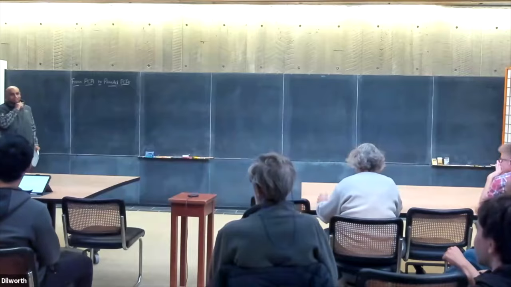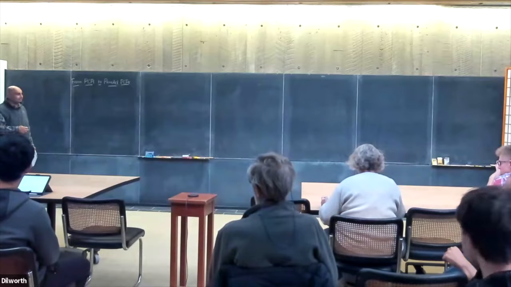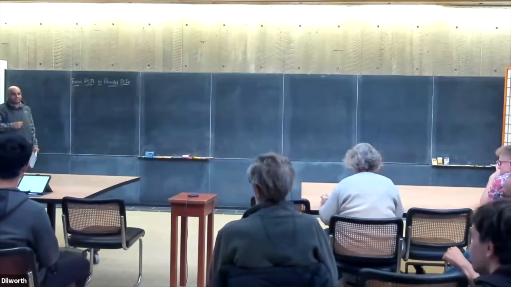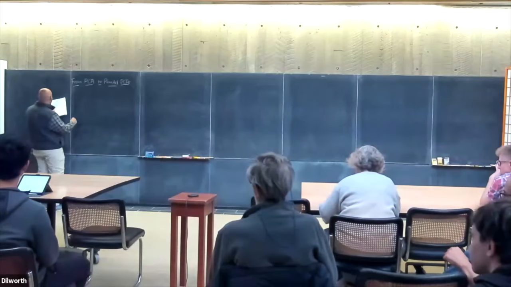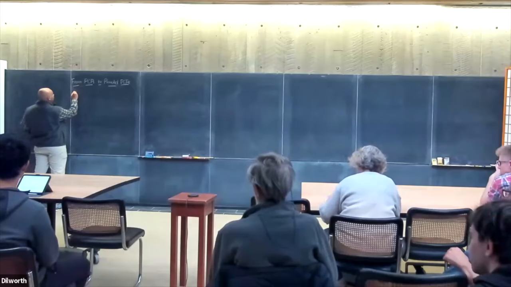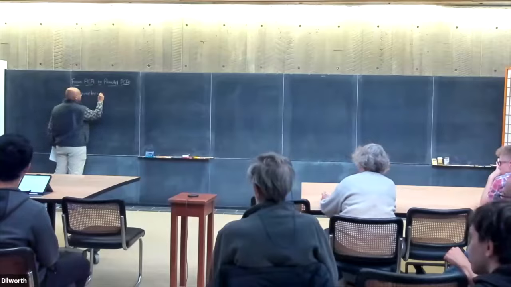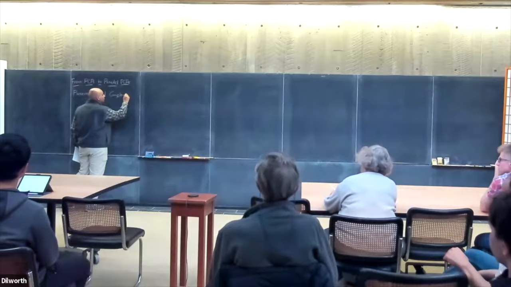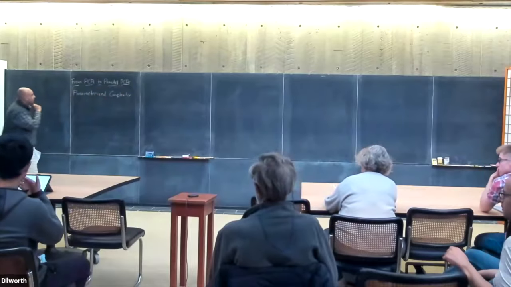This is a very ambitious plan. I'm trying to tell a story of the evolution of certain techniques to develop hardness of approximation for this area called parameterized complexity. This is the outline of the talk. First, I'll tell what this area is, what some interesting problems people study are, and what the focus is.